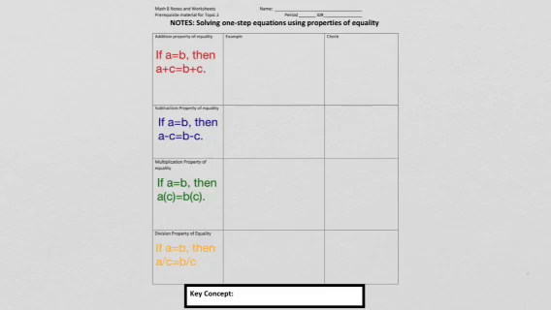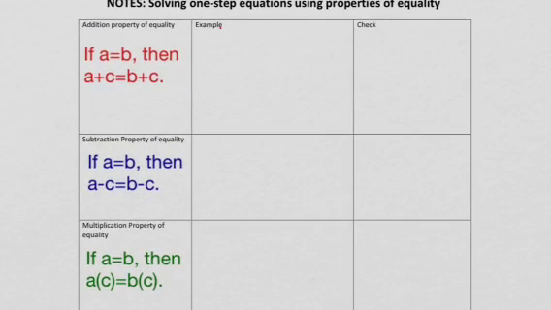So the first example is x minus 1.8 is equal to 7.4. We are going to choose the addition property because we already have the minus sign here, and that's subtraction, and addition and subtraction are inverse operations.